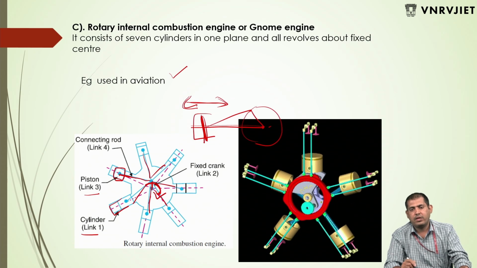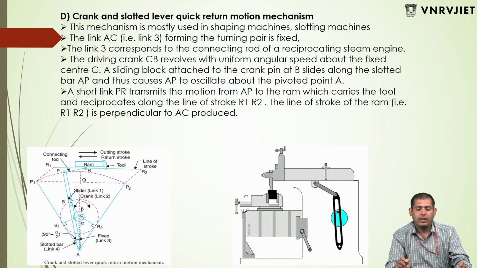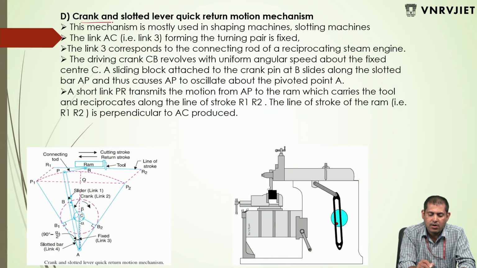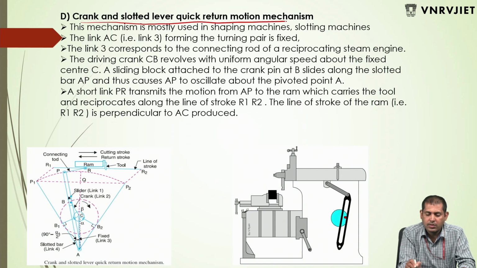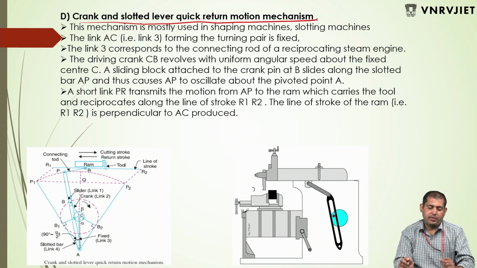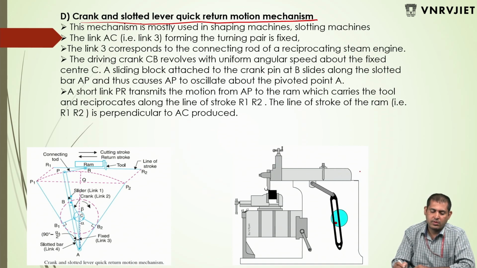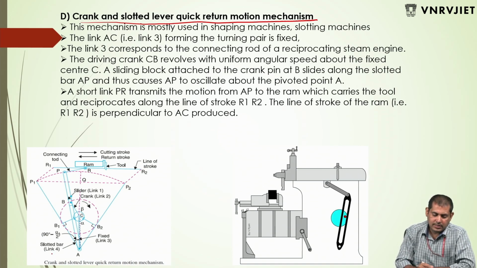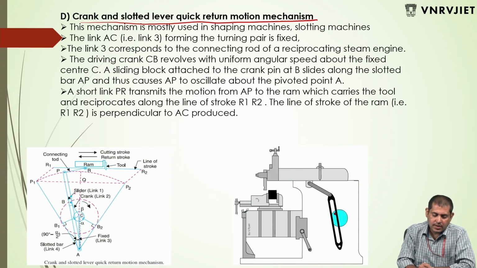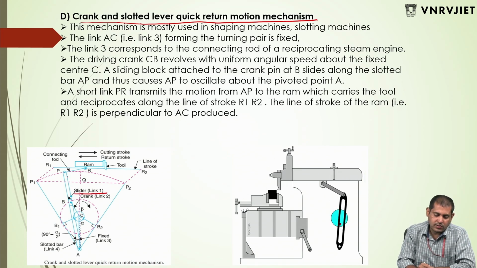See the working animation. Next, the crank and slotted lever quick return motion mechanism. See this animation. This is the way a shaper machine works. Let us consider the slider first: link 1, this is your slider.